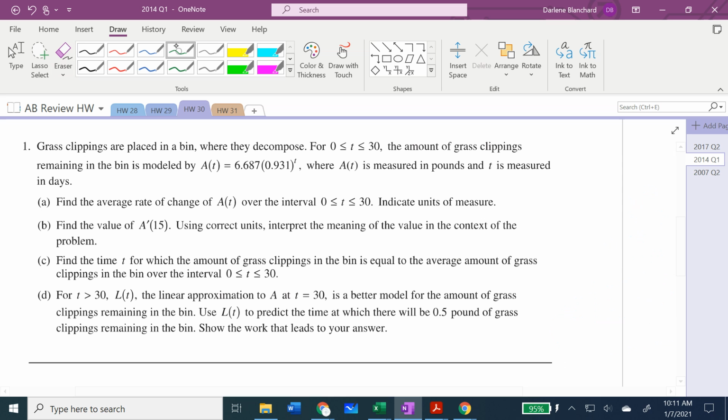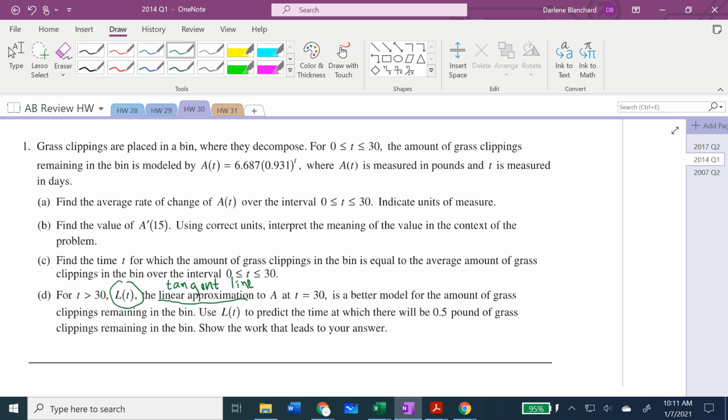You want to understand that when they use the phrase linear approximation, what they mean is tangent line. And often they will use a capital L for the linear approximation.